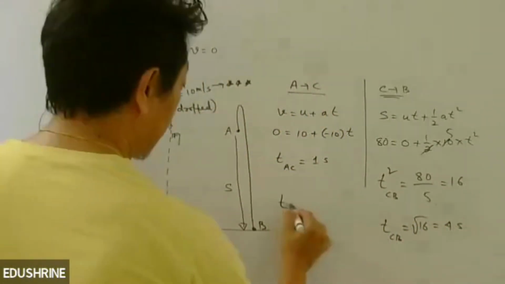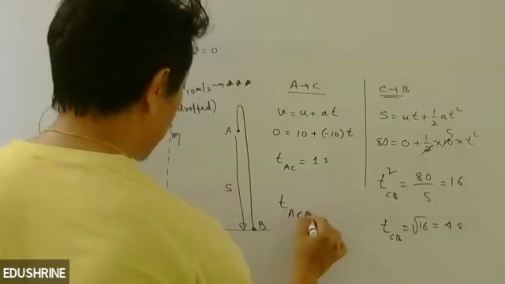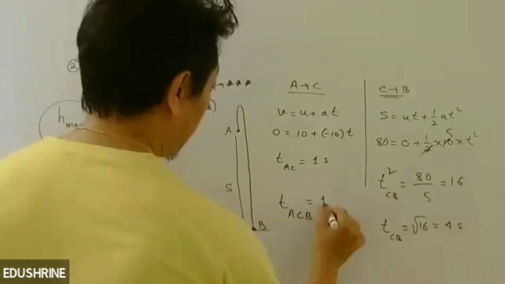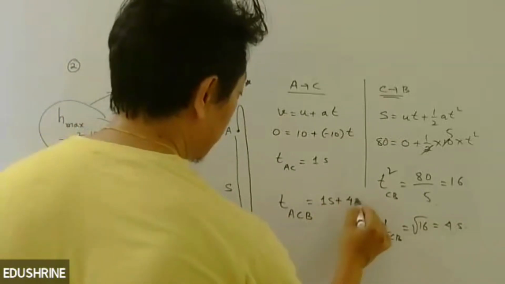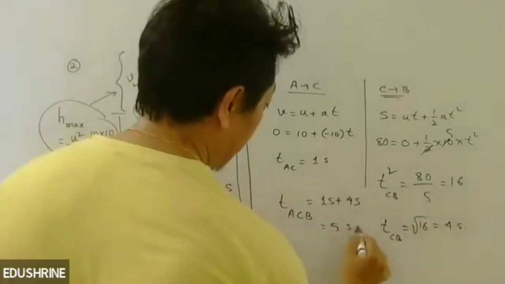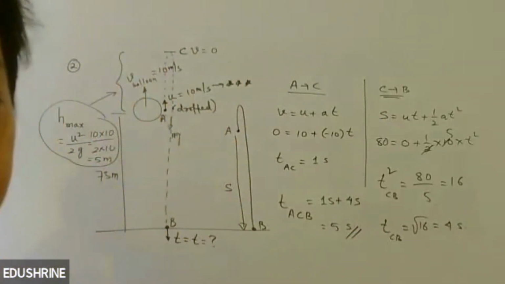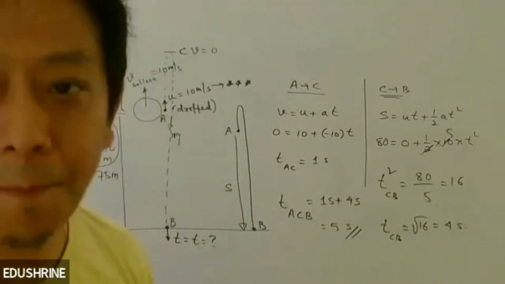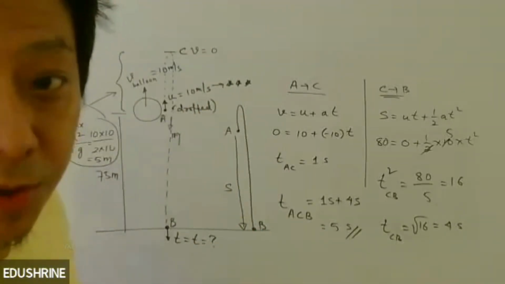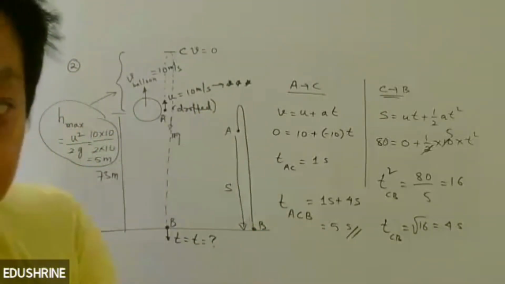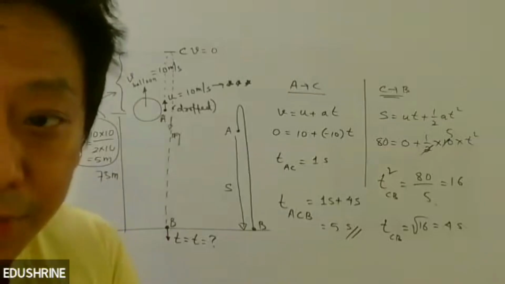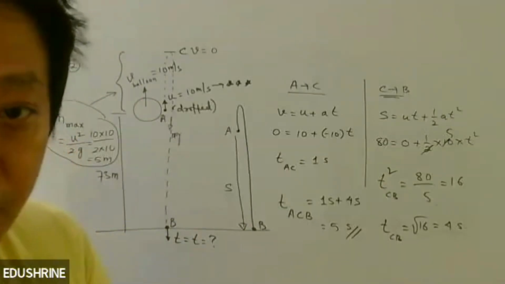So what is time taken from A to C to B? 1 second plus 4 seconds, 5 seconds. Which one is better, the quadratic one or this one? So we came to know the stone reached the ground 5 seconds after it was dropped.